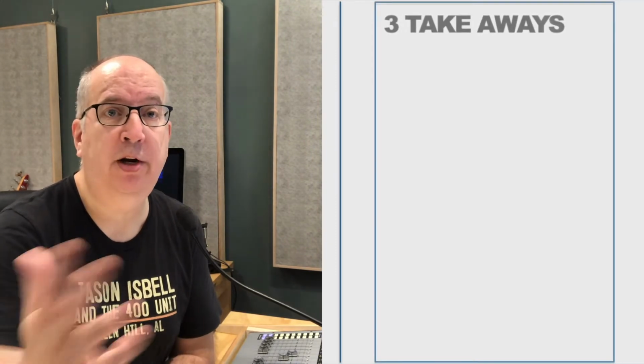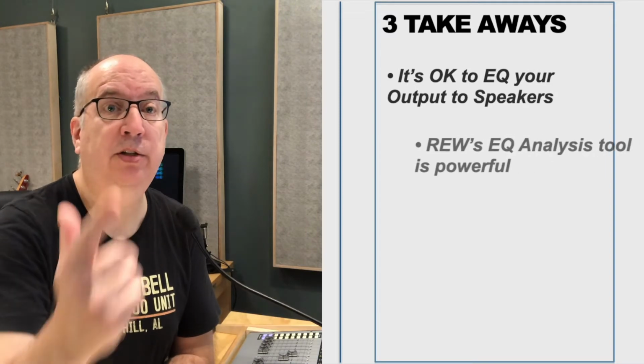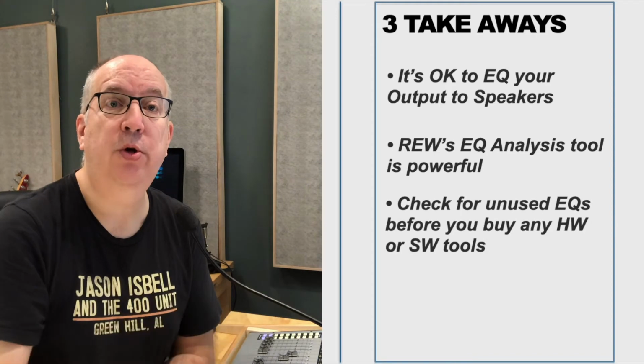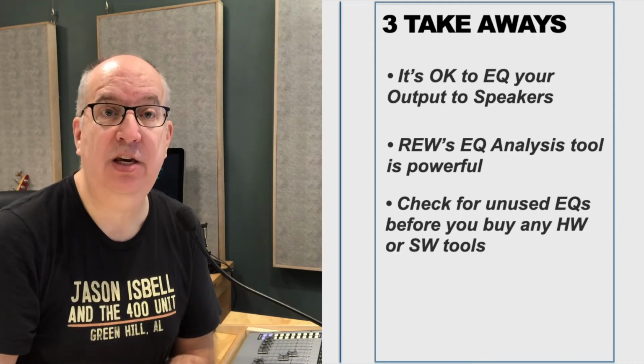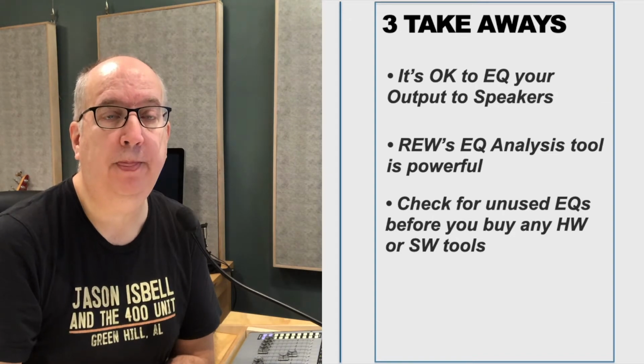So, major takeaway: yes, you can futz with your room by putting an EQ on your 2-bus. Other big takeaway is REW has some really cool ways to show you how you may adjust that EQ that's needed on your 2-bus for your room.